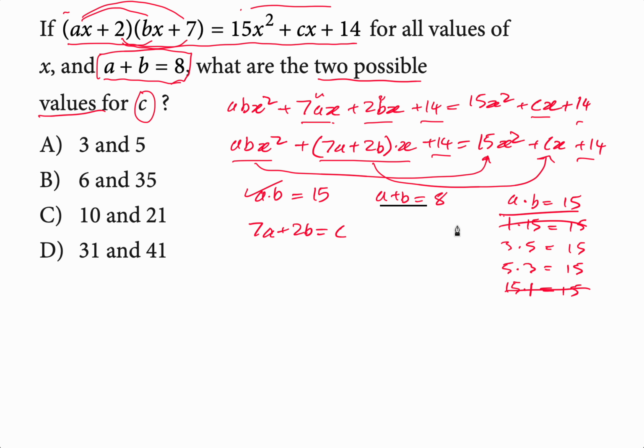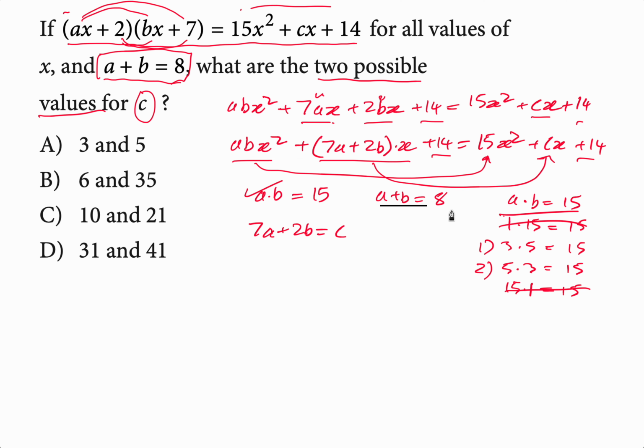So we're down to two choices. A could either be 3 or 5, and then b could either be 5 or 3. So these are our choices based on the two criteria: a times b equals 15, a + b equals 8.